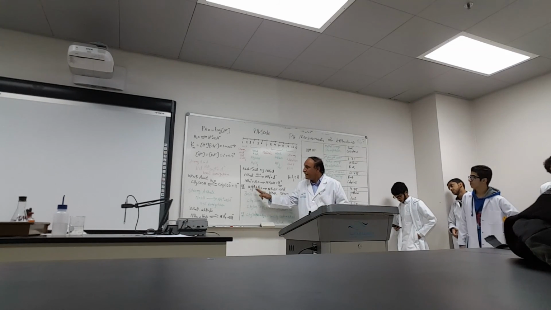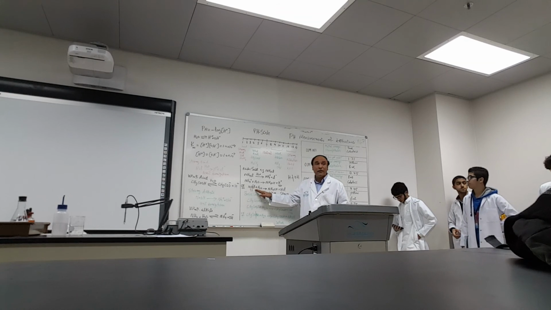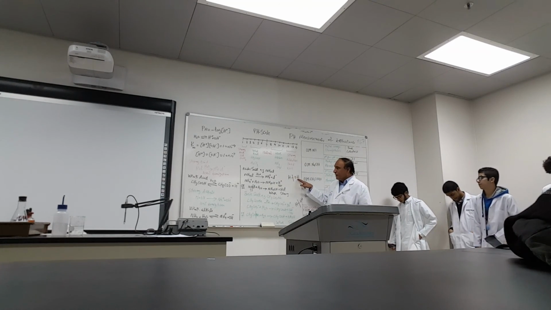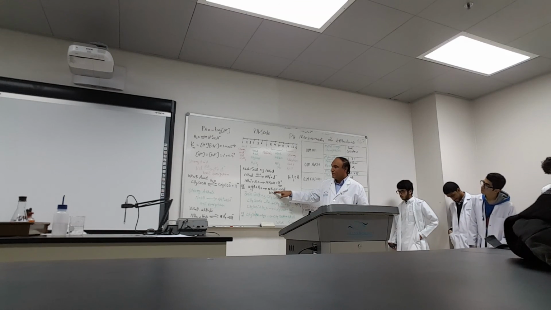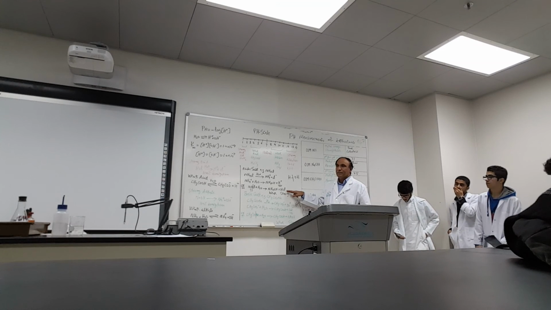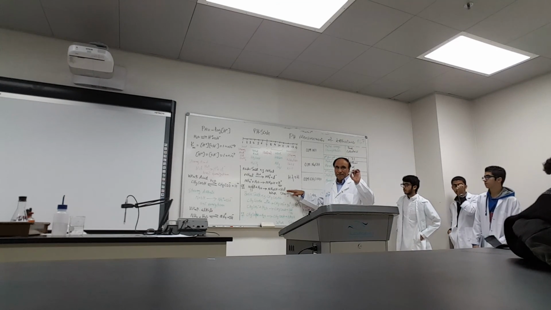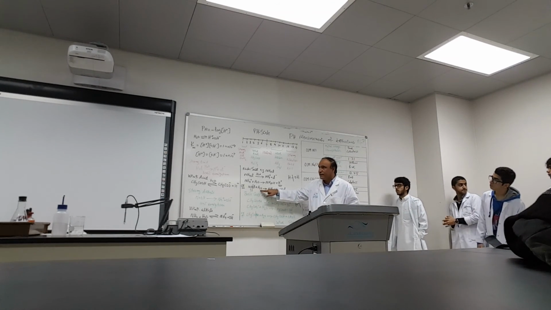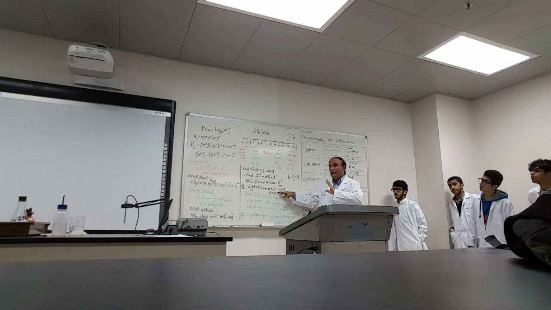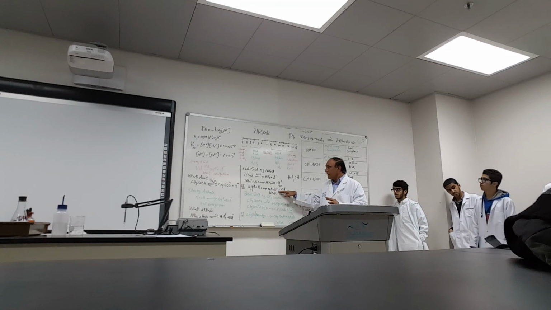And the salt will break into two parts, ammonium and chloride. Ammonium will take OH and form ammonium hydroxide. Chloride will take H and form HCl. It means that if I put ammonium chloride in water, I will get two things, the base and the acid.